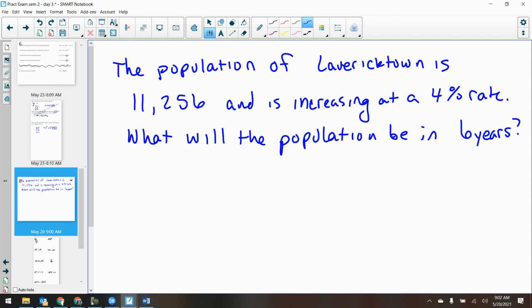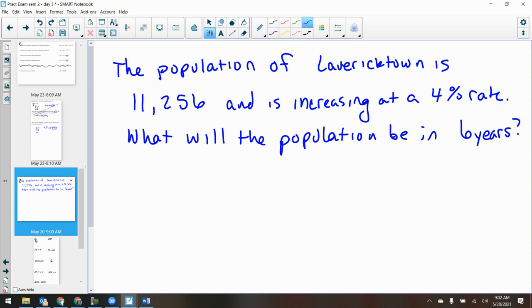This is exponential growth. How do I know that it is exponential growth? Because there's a percent. How do I know it's growth and not decay? Right. It's going up and not going down. It's pretty simple. Use the context clues to tell you whether it's going to be exponential growth or exponential decay.